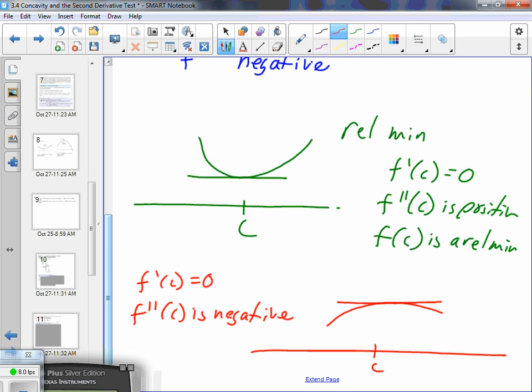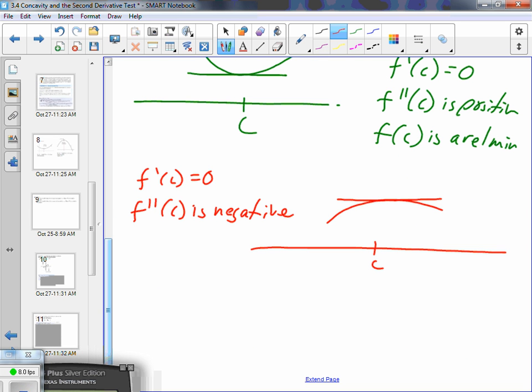That's where our horizontal tangent line is. So now what kind of relative extreme value do we have? Therefore, we could say f of c is a relative maximum. So there's the 5-minute version of what we did today. Any questions?